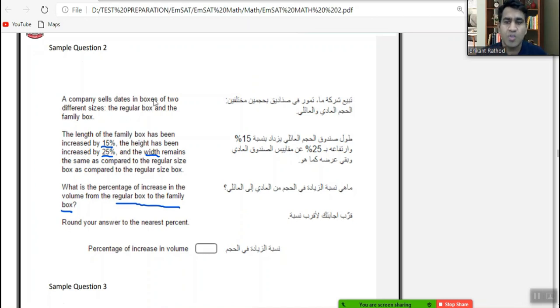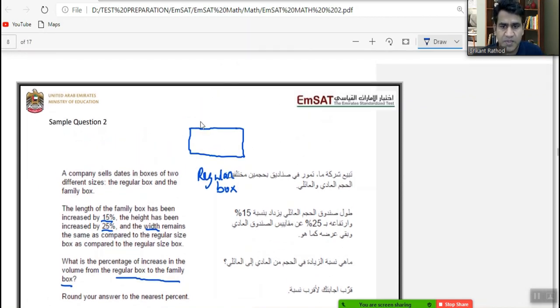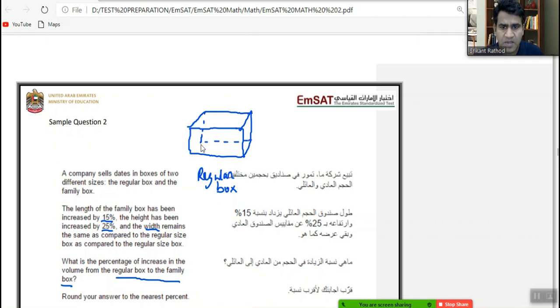So now how do I solve this? Let me represent it in a graphical way, as this is a question relating to solid geometry. If I say this is the regular box, let me draw this one. This is how the regular box is going to be, something like this.